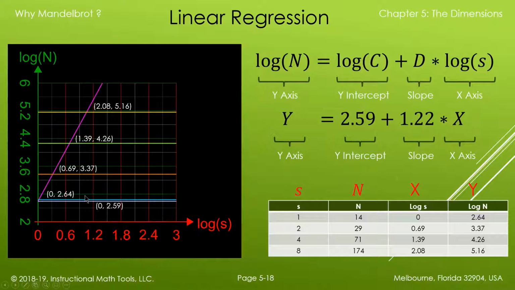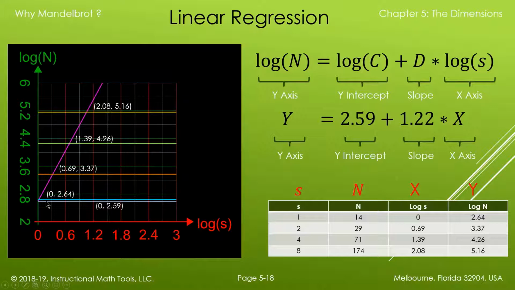Looking over here, these are the 4 points that we are graphing, with only one exception: we told GeoGebra that we wanted 2.64 to intersect with x0, and the line actually didn't give us that. It gave us 2.59, a little bit lower, because it tried to fit the best line over those 4 points. So the only point that was a little off was the last point down here.